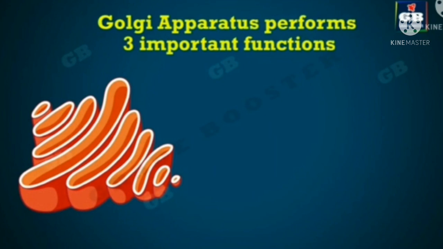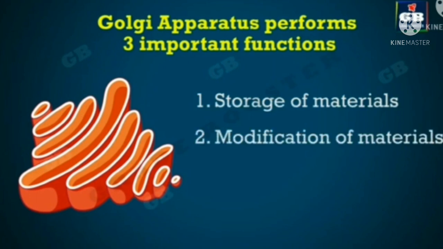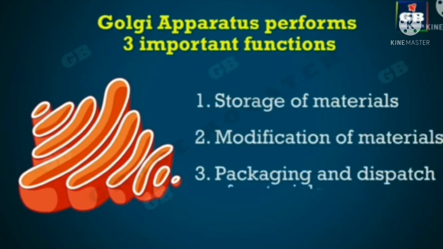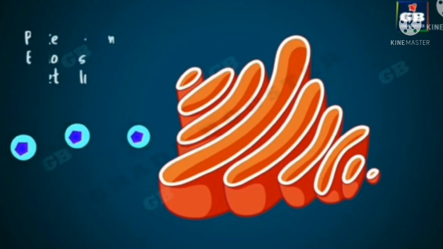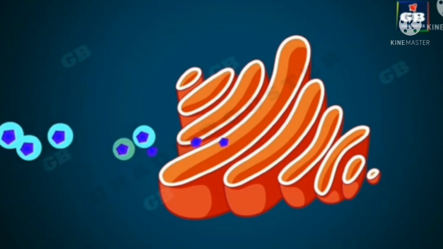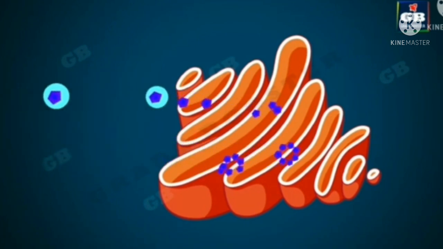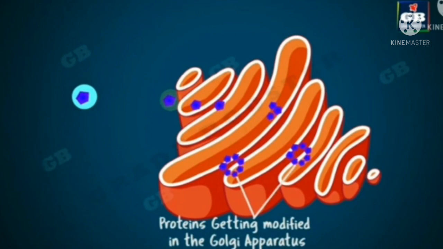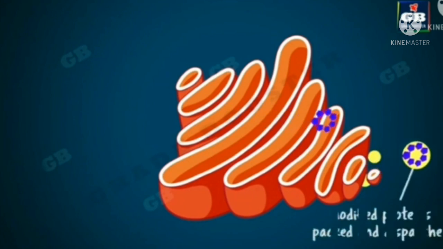The Golgi apparatus performs three important functions: storage of materials, modification of materials, and packaging and dispatch of materials. It gathers simple molecules and combines them to make more complex molecules. Then it takes the big molecules and packs them in vesicles.